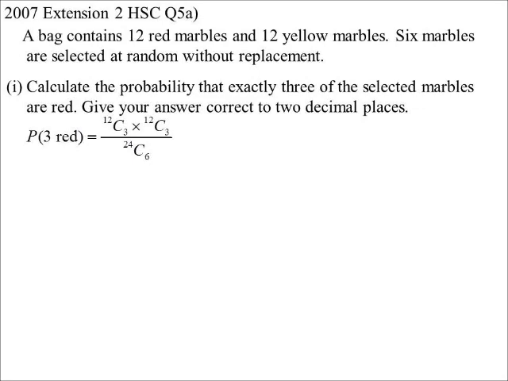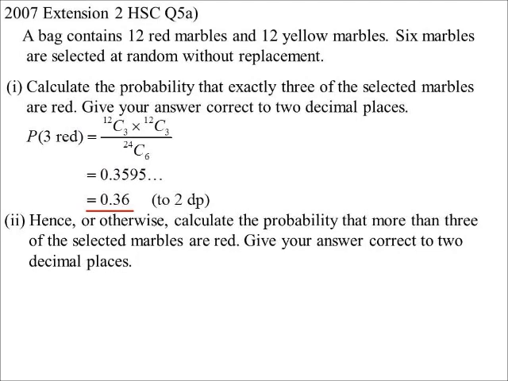On the top, I've got 12C3, because from the 12 red marbles, I want 3 of them to be red. That leaves me with 3 left to go, so obviously the other 3 must be yellow, 12C3. And we come up with 0.36.